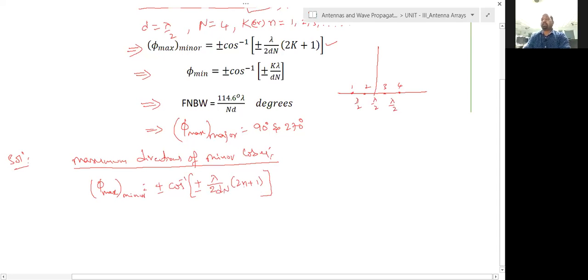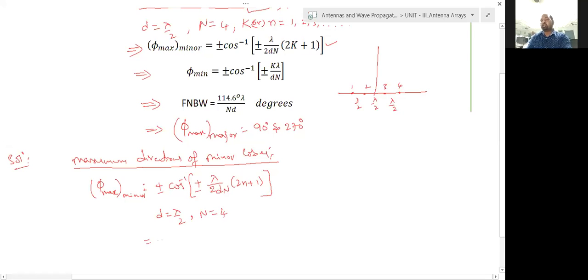I'm using small n instead of capital K because in the derivation I have used small n, so for avoiding confusion I'm using small n here. Substituting the given values: d is equal to lambda by 2, the spacing between the elements, and N is equal to 4 elements.